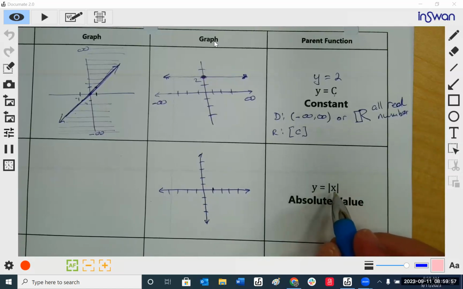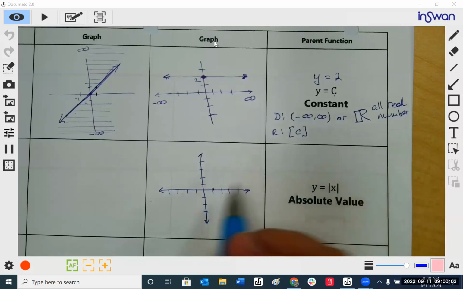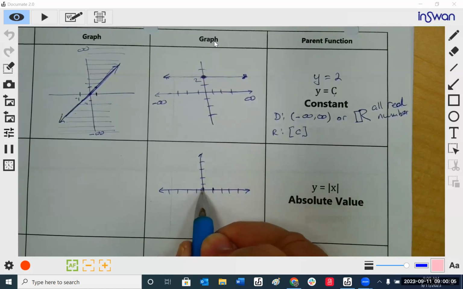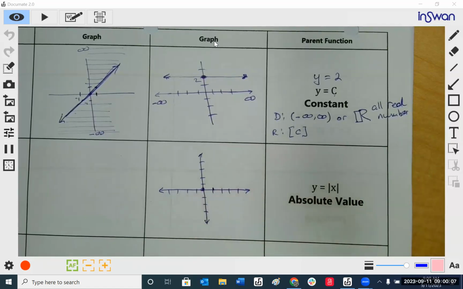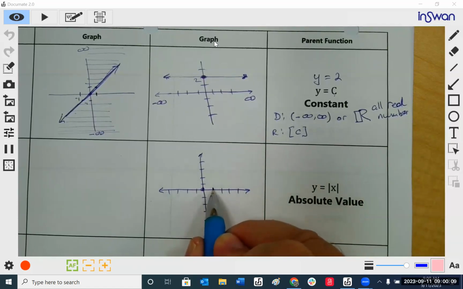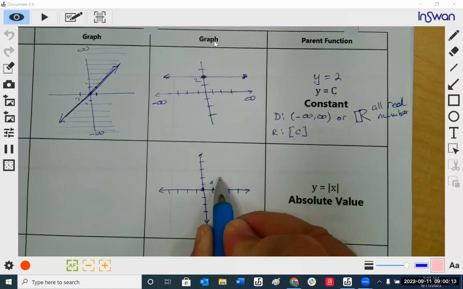Whatever number you put in there, positive, negative, or 0, comes out positive. So if I put 0 in there, I get 0. If I put 1 in there, I get what? Positive 1. If I put positive 2 in there, positive 2.